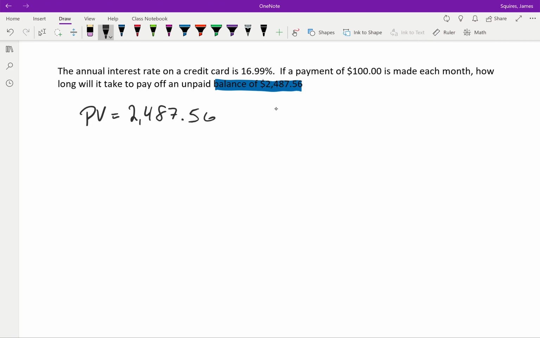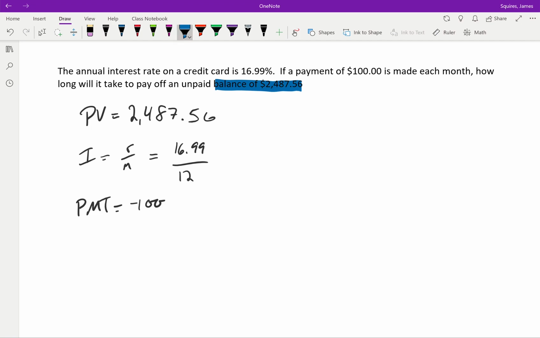To calculate our per period interest rate, that is our annual interest rate divided by M, so 16.99 divided by 12. And then lastly, we know our payment equals negative $100 because we're making payments of $100.